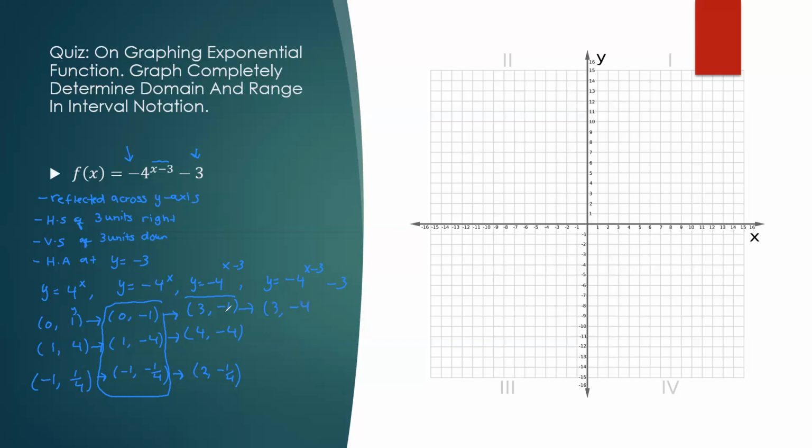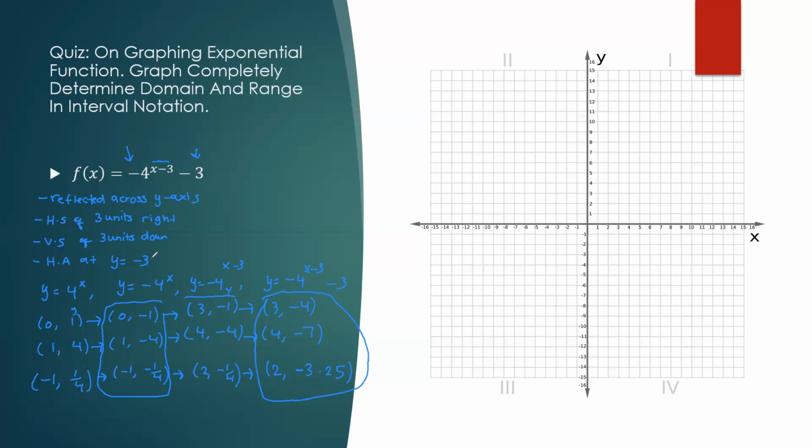All I did was subtract 3 from the y value. (4, -4) will be (4, -7), and (2, -1/4) will be (2, -3.25). Plug these 3 points and you'll have a graph.